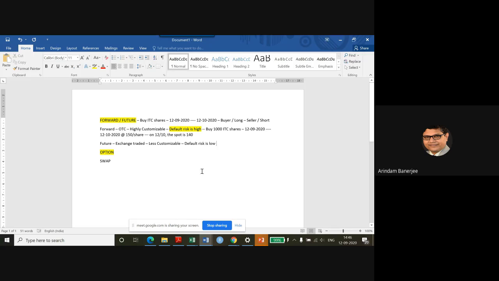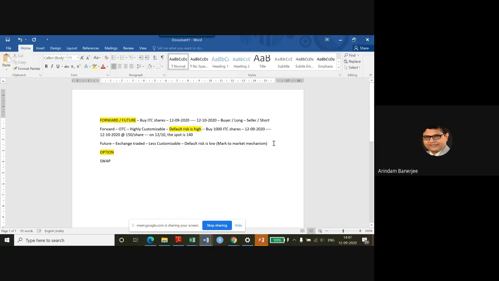Because all the trades which happen through the exchange are guaranteed. And they follow a mechanism which is called mark to market mechanism, or it's also called MTM. Because of this, the default risk is very low.